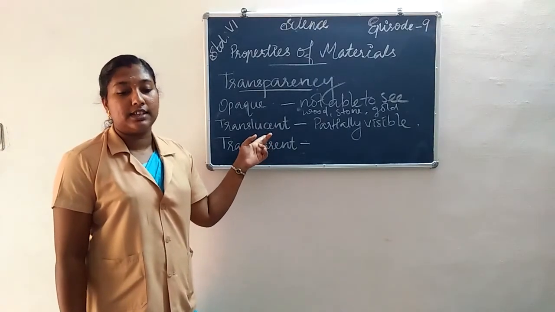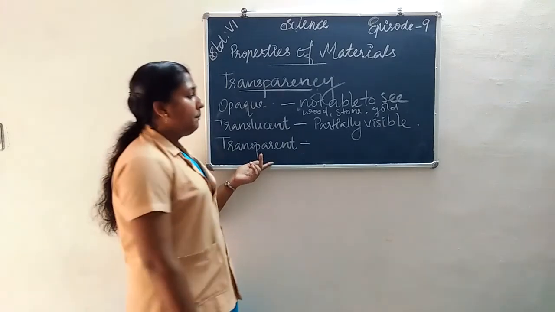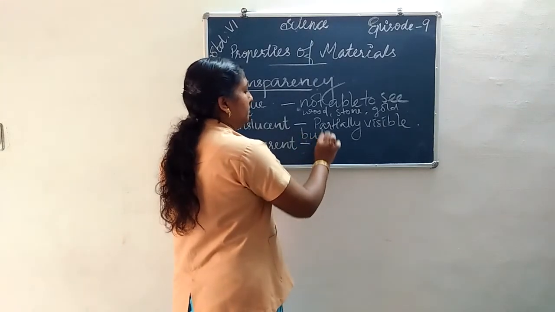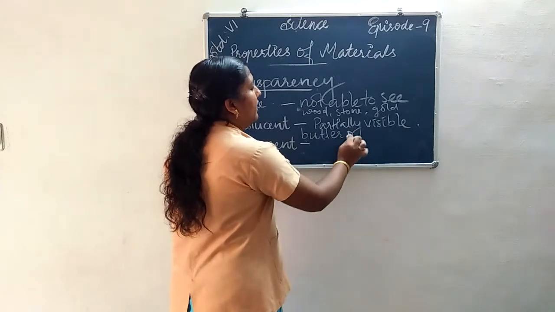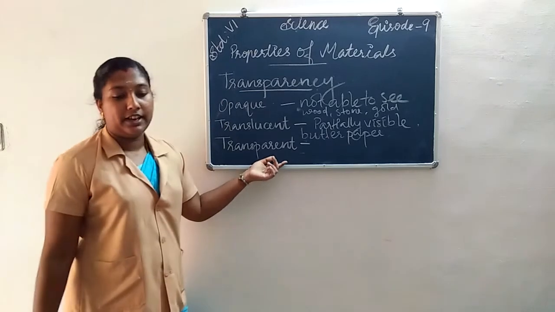Partially visible materials are called translucent. Example, butter paper. Then transparent.